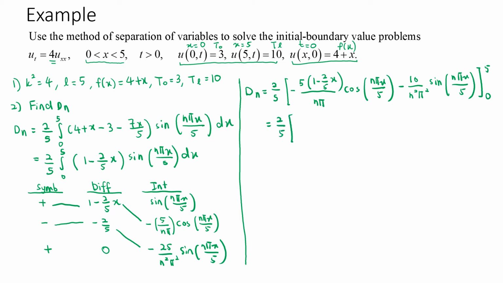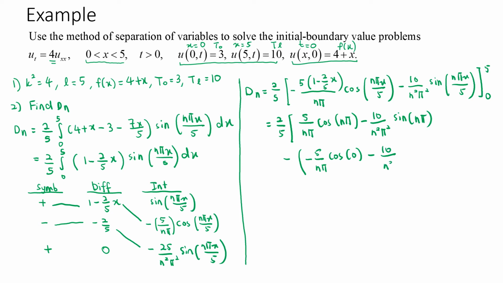So substitute x with 5, we get 1 minus 2, negative 1, so we have 5 over n pi cos n pi minus 10 over n squared pi squared sine n pi, minus, and the last one is minus 10 sine 0.